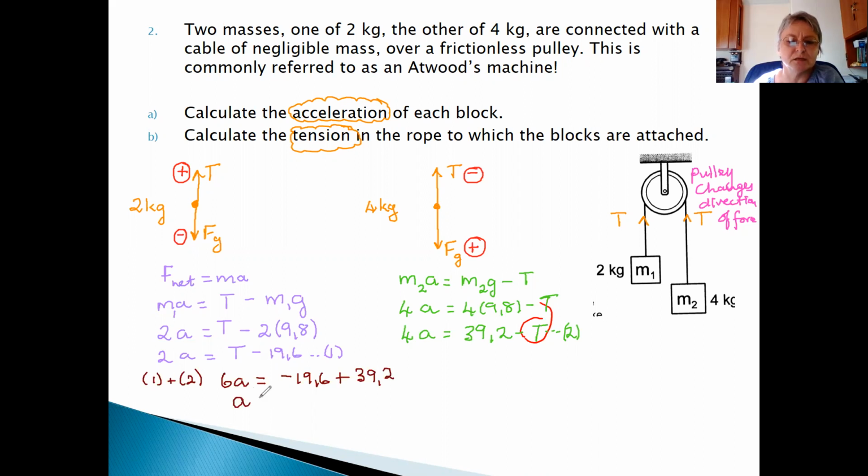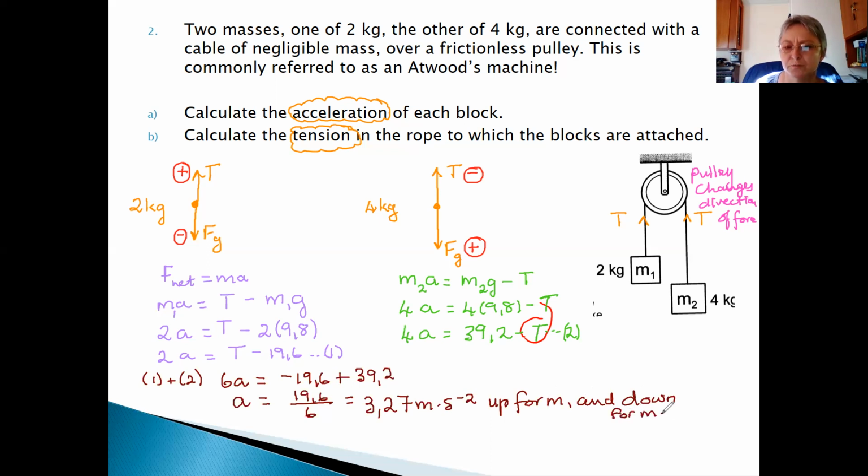So a is 19.6 divided by 6, which gives us 3.27 meters per second squared, and it would be up for m1 and down for m2.